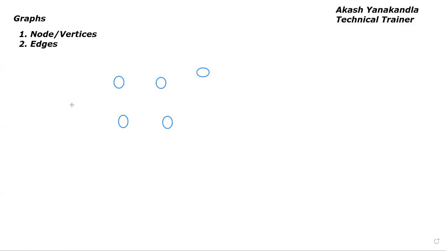So these are known as the individual nodes. Here I can call this node 1, and this one node 2.